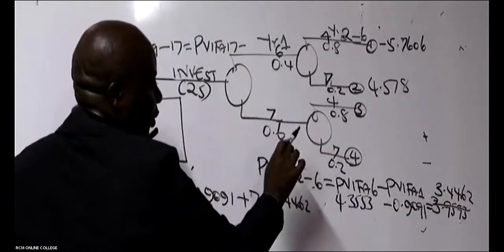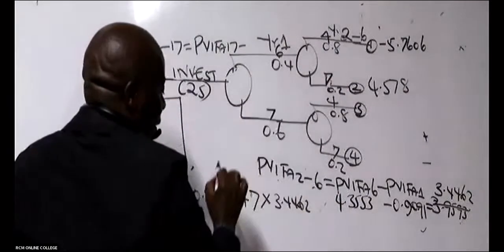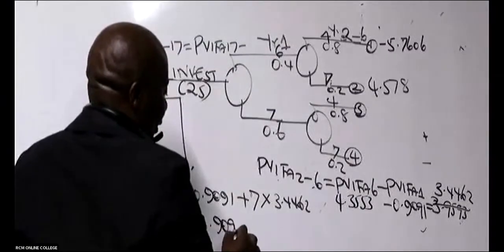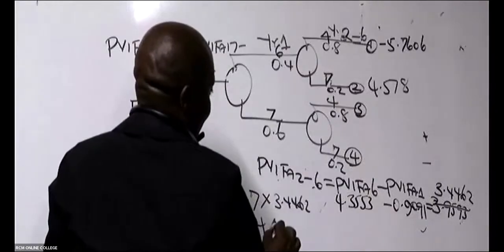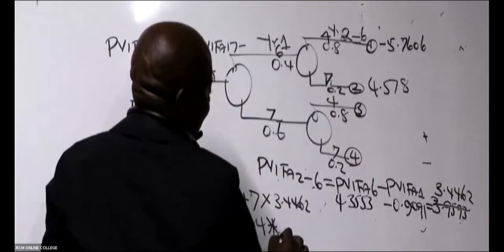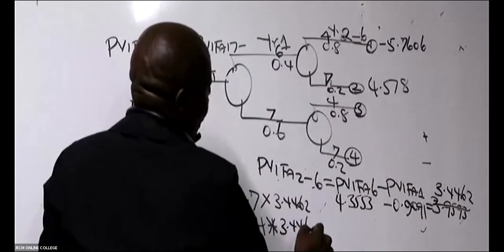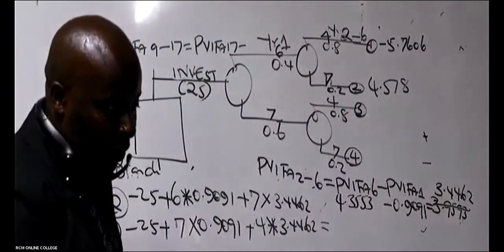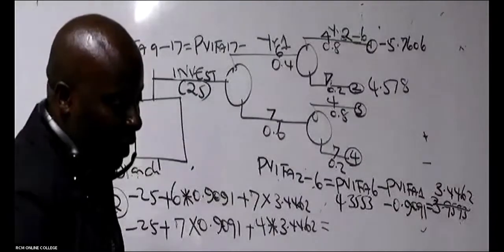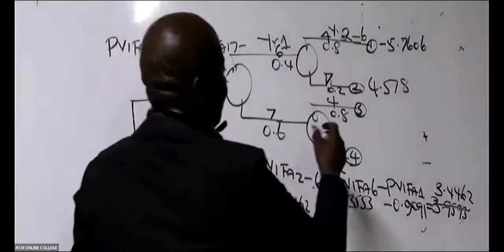Ignore the probabilities. This is coming at the end of year 1, PV is 0.9091. Plus here I can see 4, so 4 times 3.4462, which will give me minus 4.8515 for branch 3.